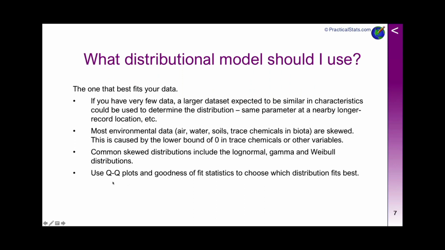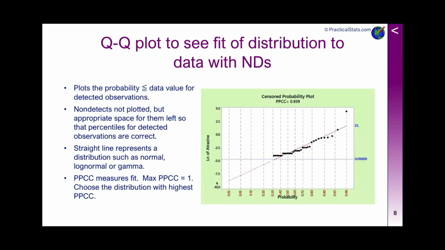So we can use graphical methods, like a QQ plot, also called a probability plot, and goodness of fit statistics, some numerical measures that tell us how well that distribution fits the set of data that you have, to determine which distribution to use. And you can do those kinds of things with censored data with Nondetects as well.